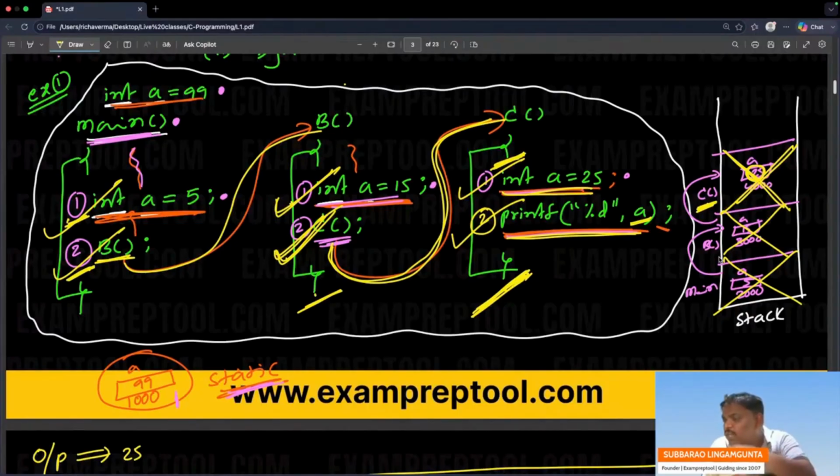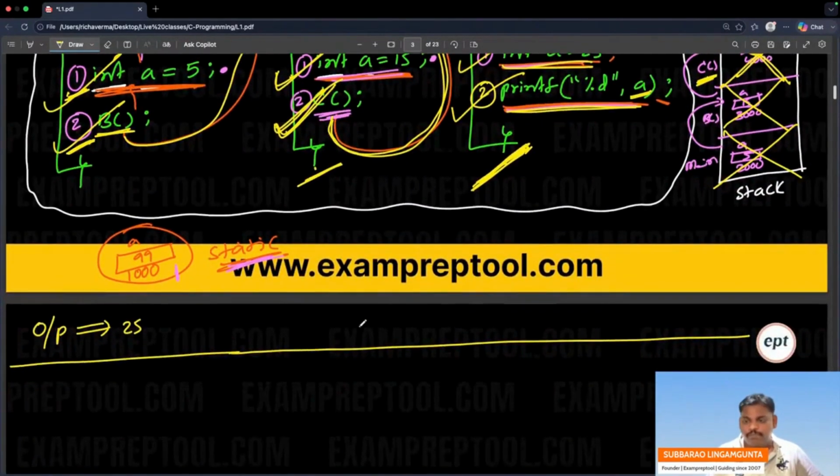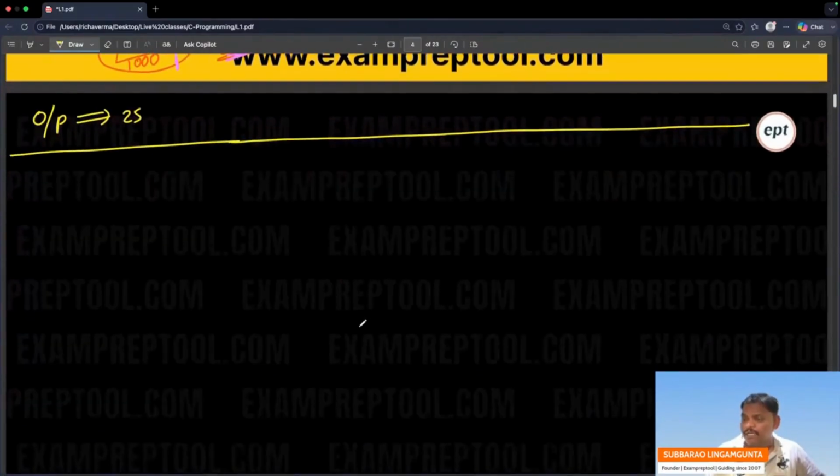The last person who came will complete first. The last one who came is C, so he completes first. After C, B; after B, main. So this program's output is 25.